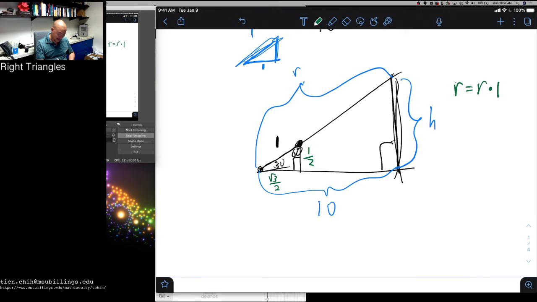And that means that the height is r times 1/2, and that the base 10 is r times square root of 3 over 2.